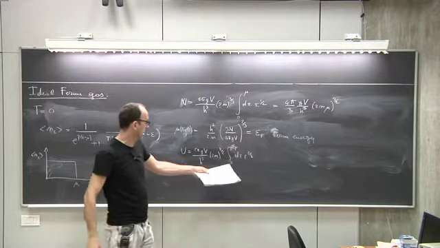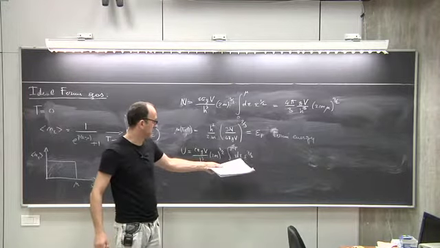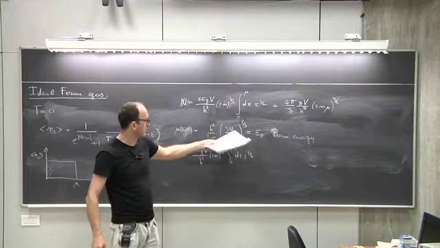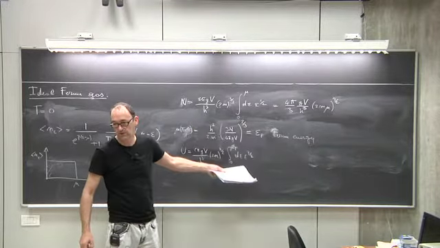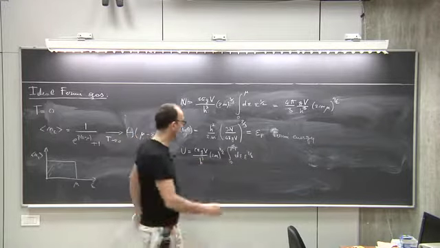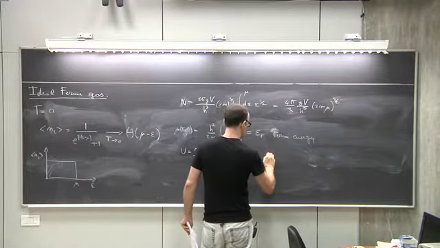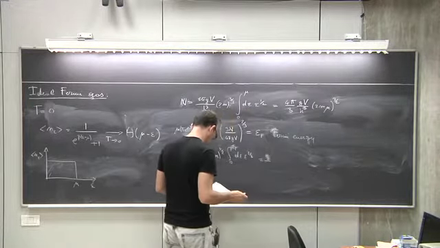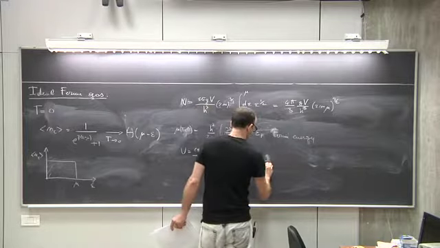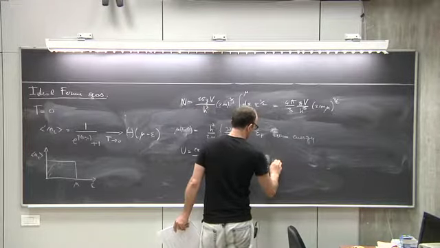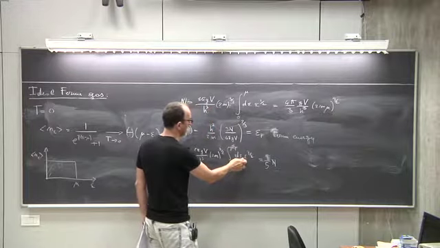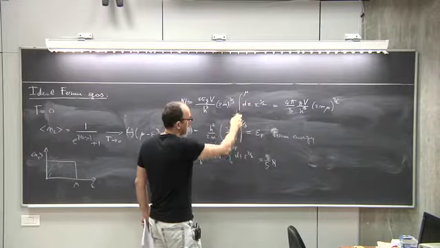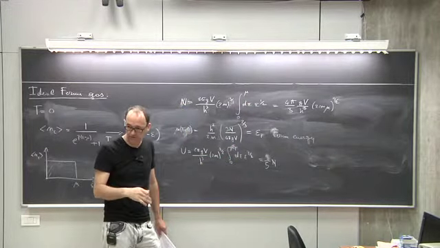This is precisely the same integral as before, but instead of 2/3, you get 2/5, and instead of mu to the 3/2, you get epsilon f to the 5/2.